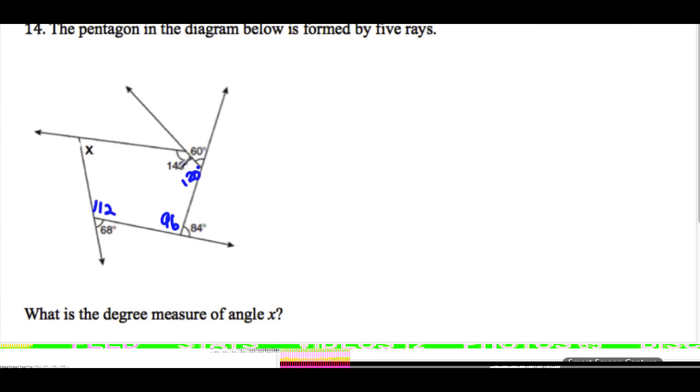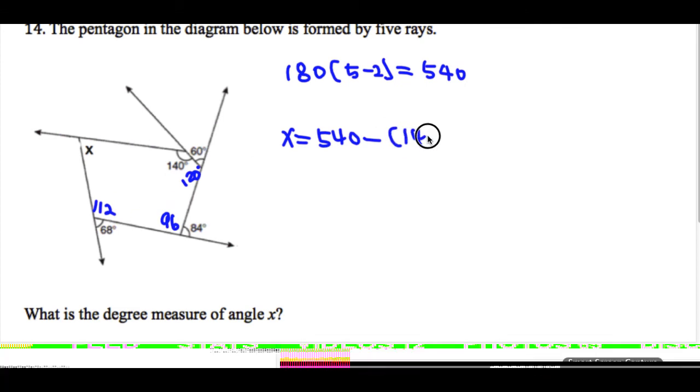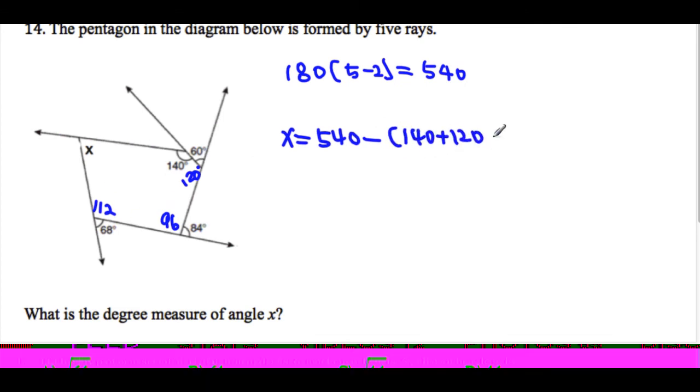But what is the sum of the interior angles of the pentagon? The formula is 180 times 5 minus 2. Once you calculate this one, we get 540. Then to find x, it must be 540 subtracting all the other angles. 140 plus 120 plus 96 plus 112.